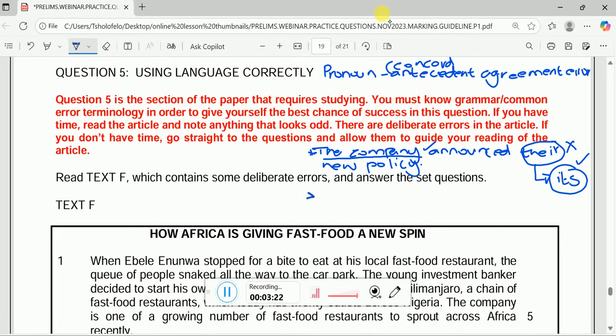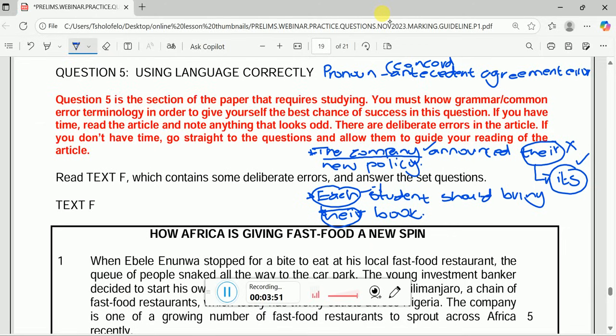Another example: each student should bring their book. Now, the word "each" refers to one, and "their" refers to many.